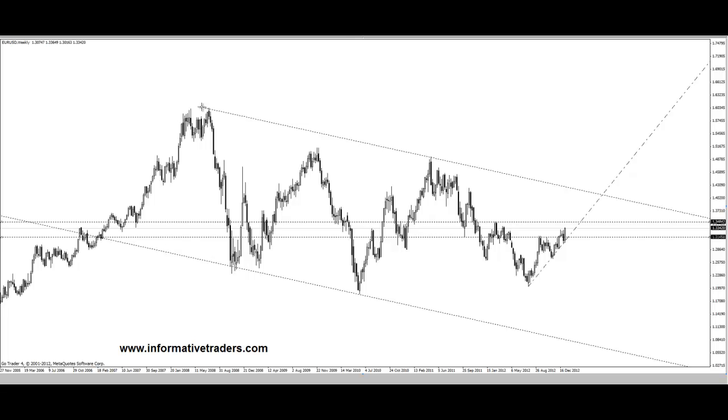Okay, this is the weekly of the Euro US. You can see that we are in a downward slanting channel created by those rejection turning points in the market.